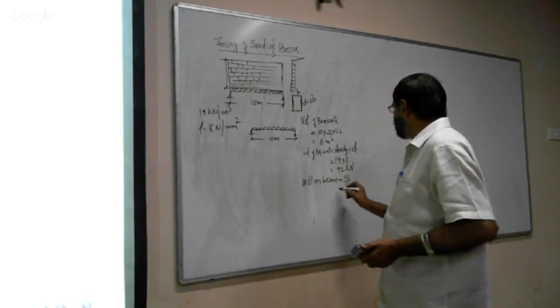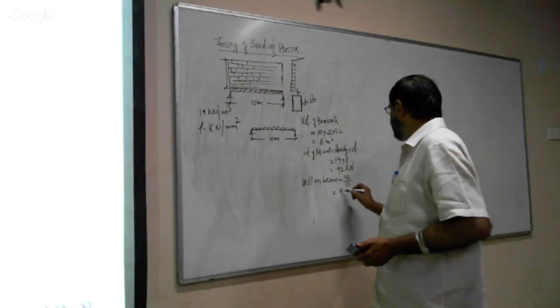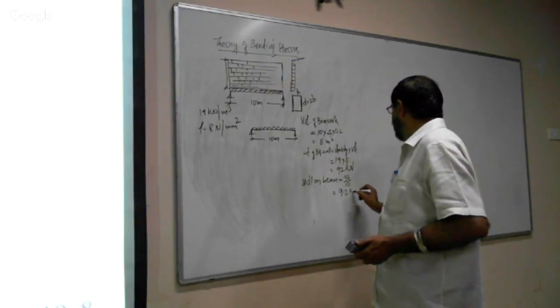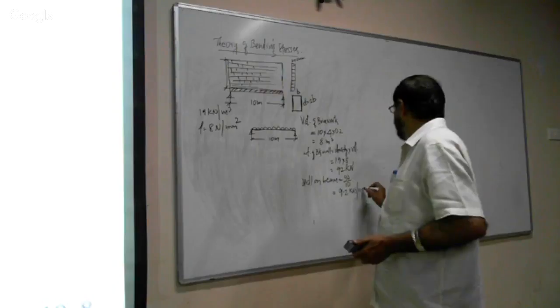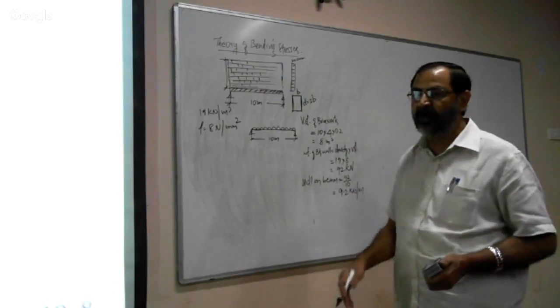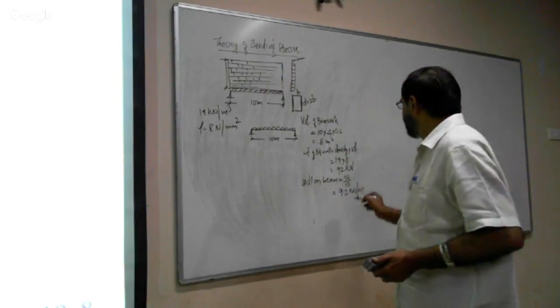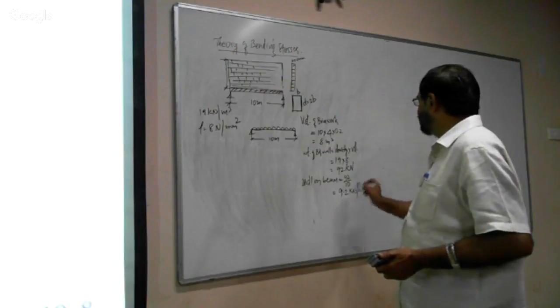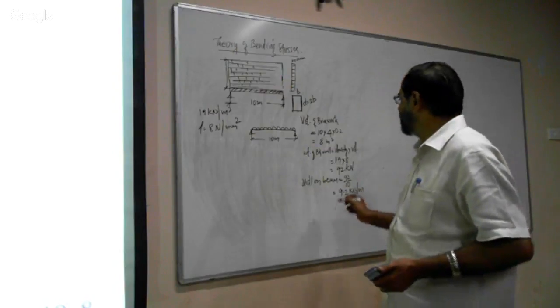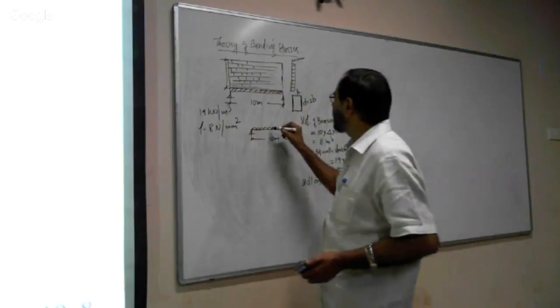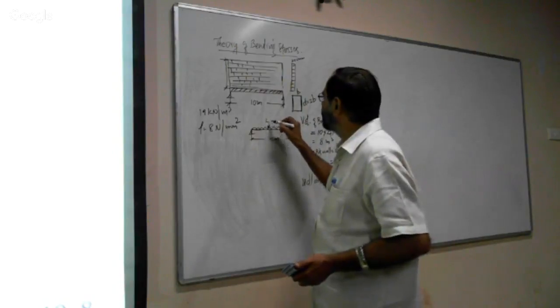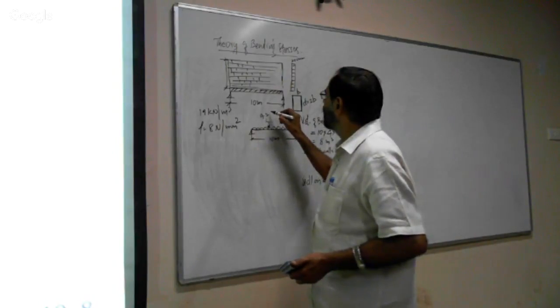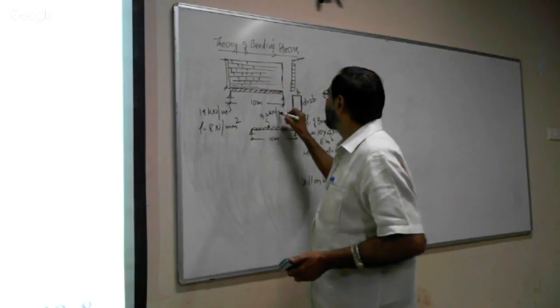Therefore, divided by 10, that gives rise to 9.2 kilonewton per meter. Now our problem is almost solved. The UDL acting on the beam is equal to 9.2 kilonewton per meter.